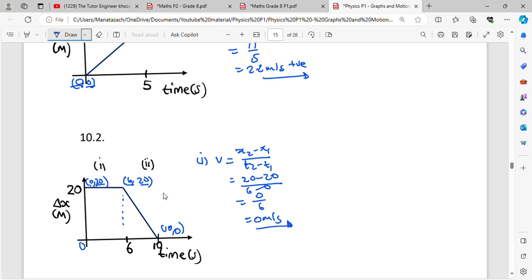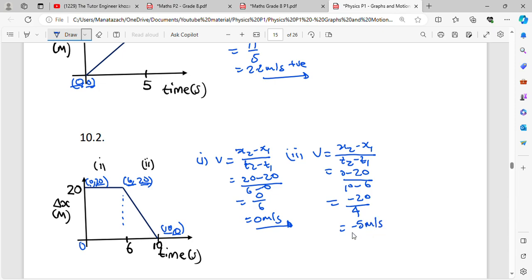And then for Roman figure 2, using the same formula, 0 minus 20 over 10 minus 6, we have minus 20 divided by 4. That would be minus 5 meters per second.